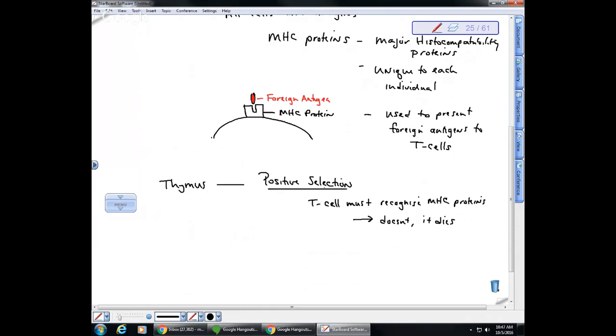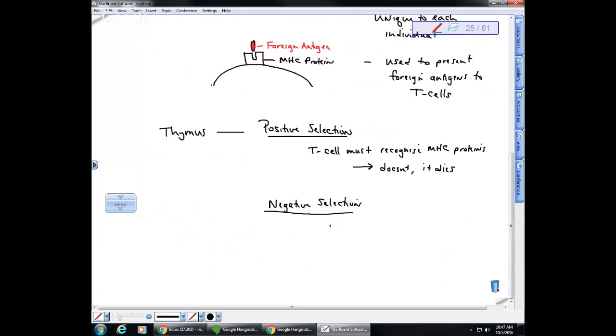So positive selection. We also have negative selection. And so negative selection is where the T cells should not recognize self-antigens as being foreign.